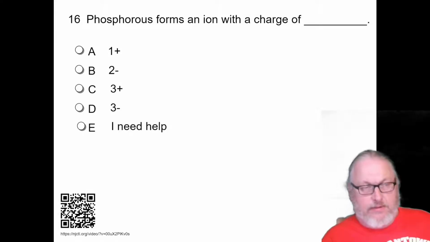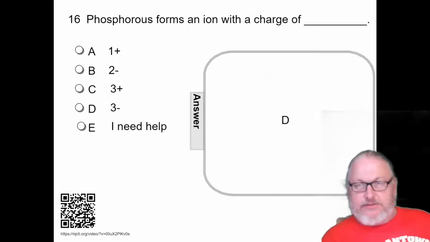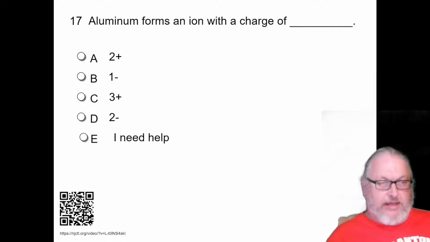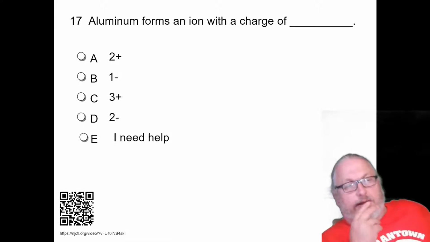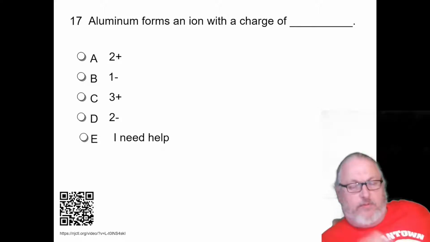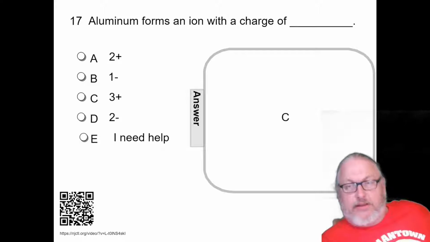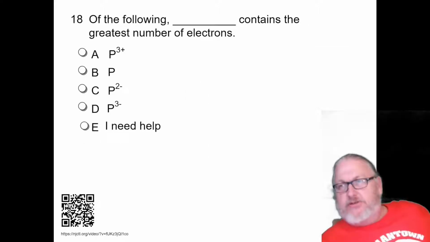Go back. A charge of 3 minus. It's going to gain 3 electrons to get that good, stable noble gas configuration. Aluminum forms an ion with what type of charge? Take a moment, come back, and 3+. Aluminum cation is a 3+ charge.